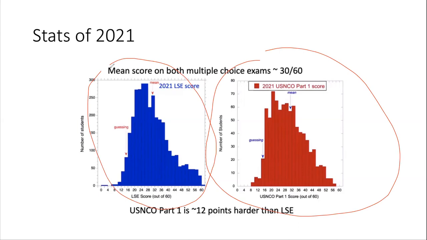The USNCO national Part 1 is 12 points harder than the local section exam, which means on average they score 12 points lower than their performance in the local exam. Say if you score 50 in the local, then you may expect 40 or even lower in the national. Although this is not always true for everyone, on average you should expect such a difference.